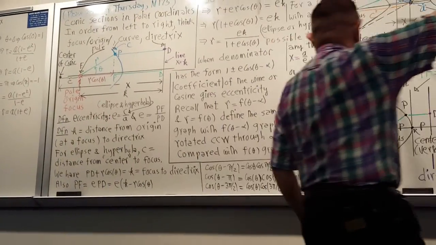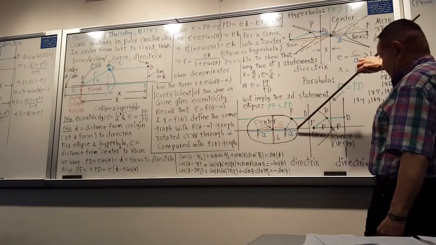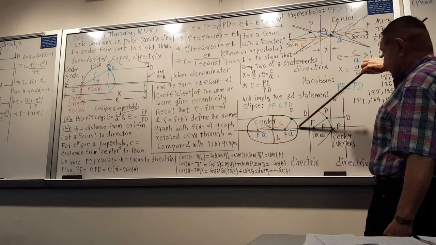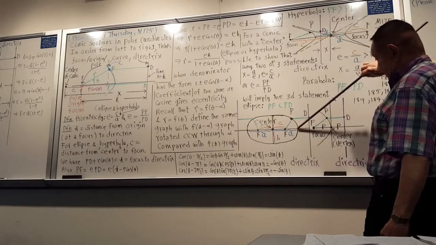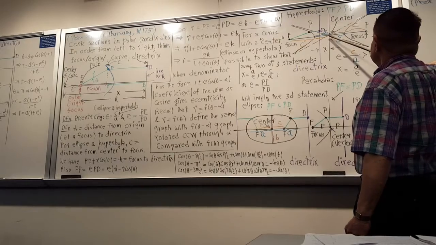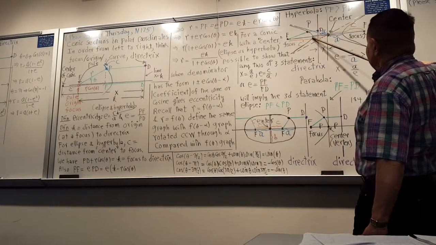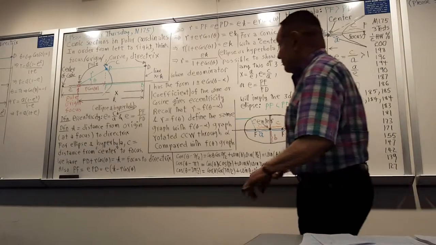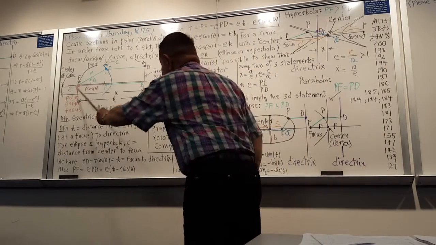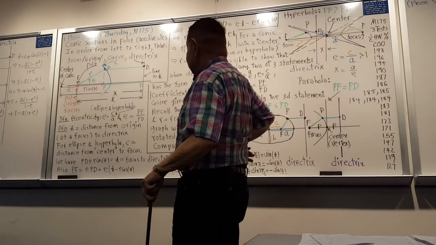The A is the distance from the center to the vertex, if it's the ellipse, or from center to vertex like that if it's the hyperbola. But for the moment, let's just call this distance K, as the book does.